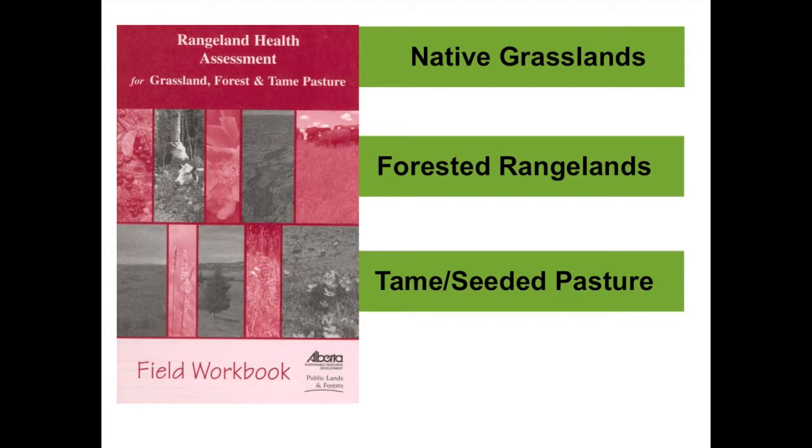Basically what it involves is looking at rangelands from a different prism. Instead of looking at them primarily as a forage source, there was a recognition that these are complex ecosystems with a variety of different benefits and functions and processes that we need to be aware of. And we can't measure them with one indicator.